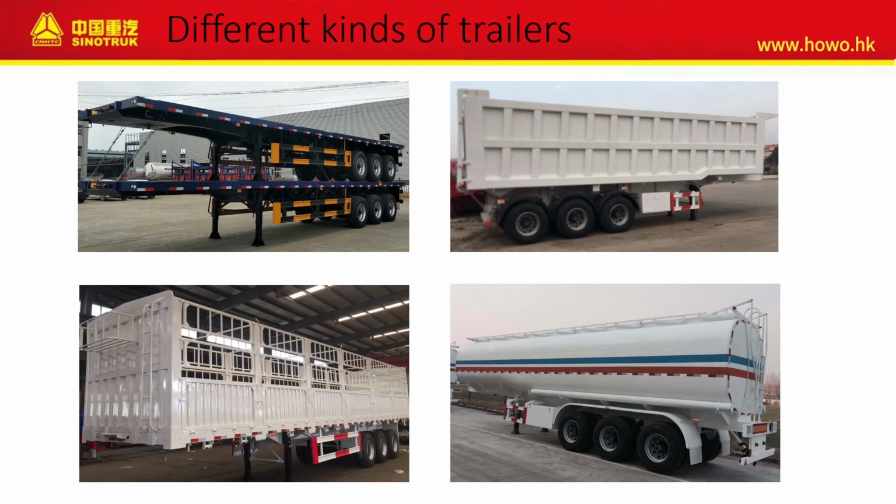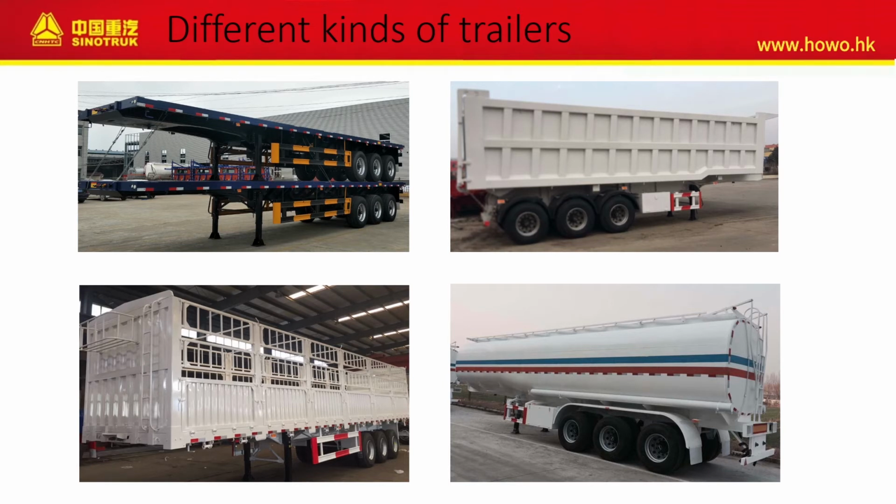And on the left side, at the bottom, this is the fence trailer, because it can be used to transport vegetables or fruit, etc. For example, in Uganda they call that matoke. You can transport matoke with this trailer.